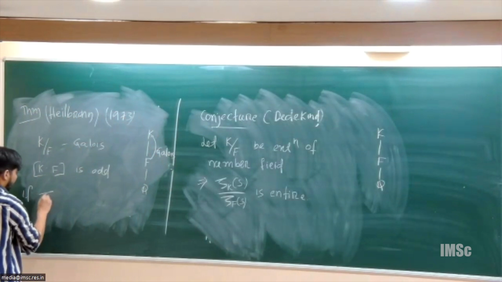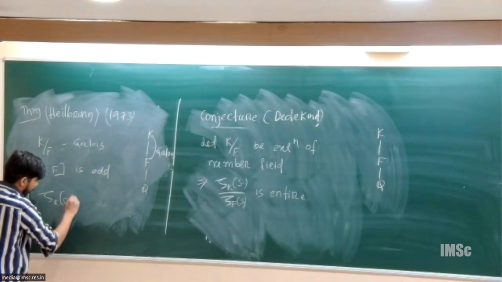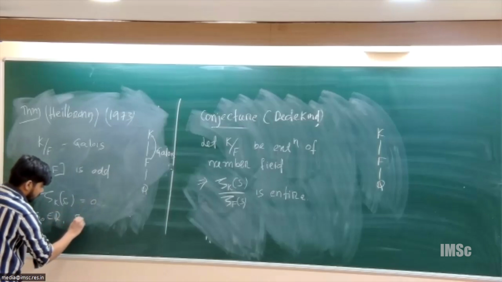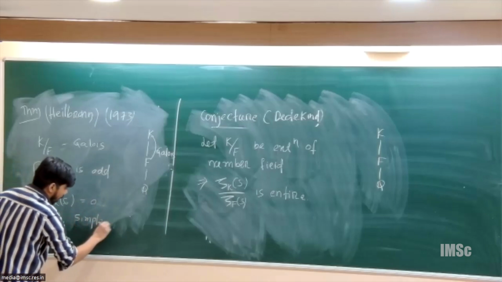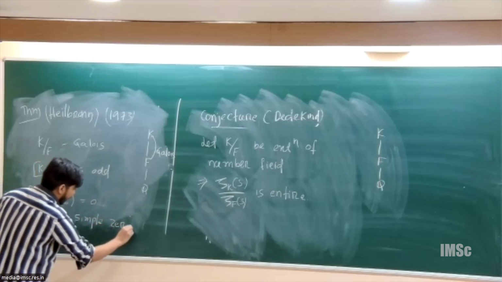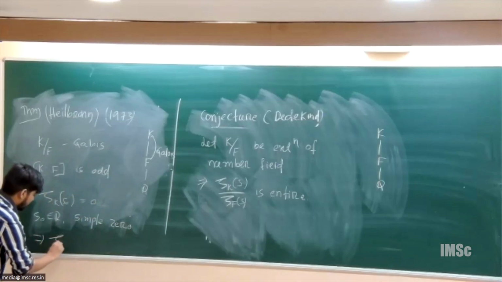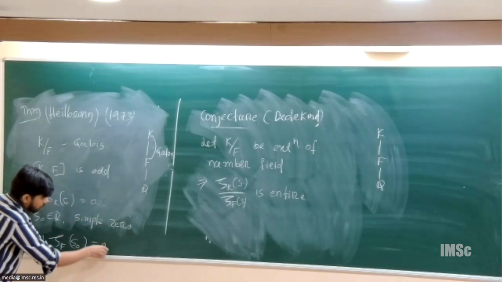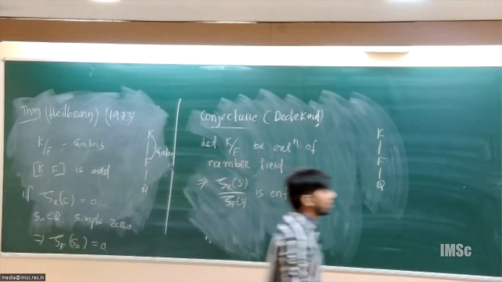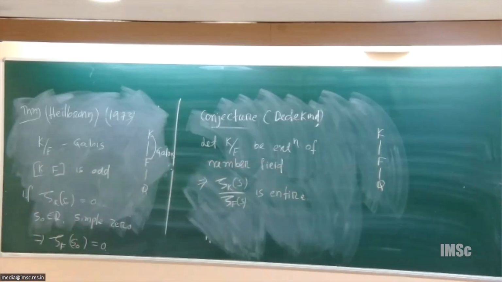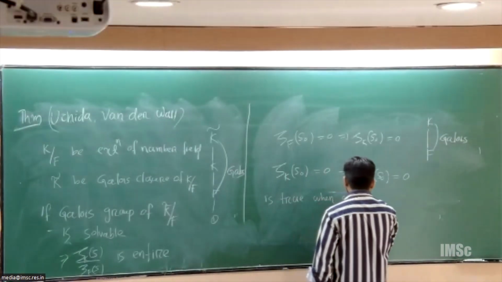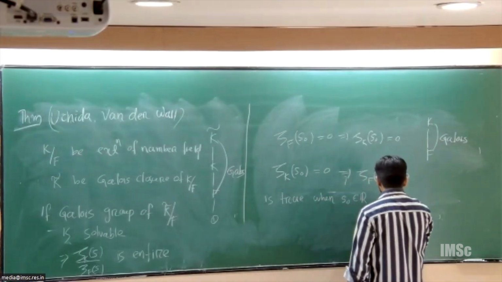If s naught is a real simple zero of zeta K, that implies zeta F of s naught is zero. So this converse is true when s naught is a real and simple zero.